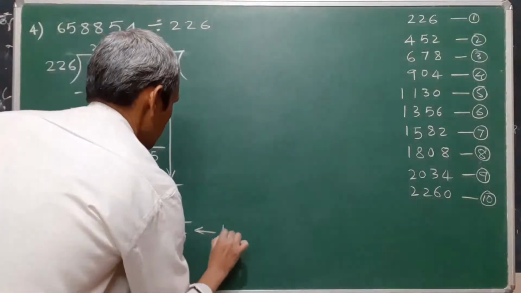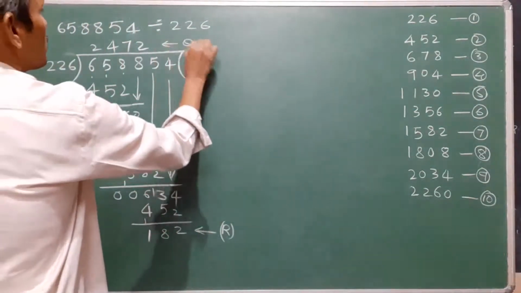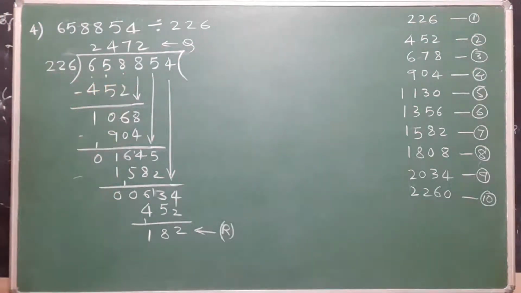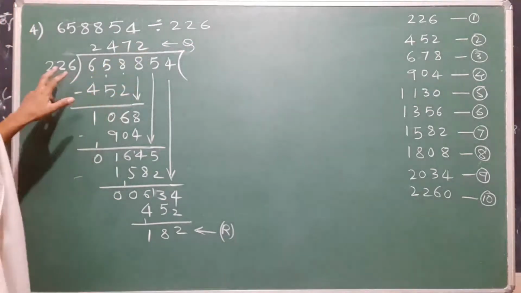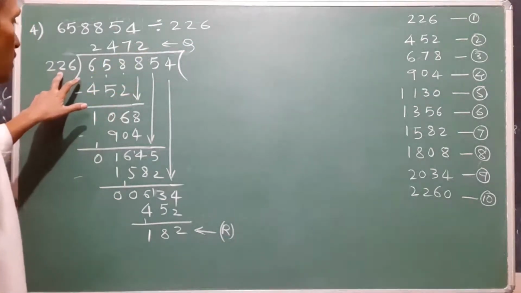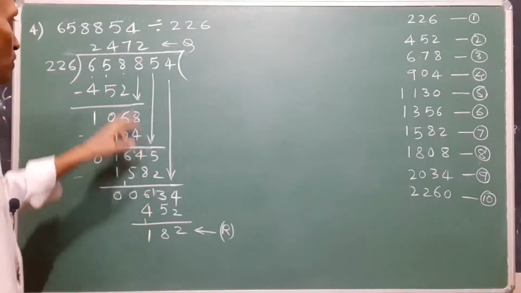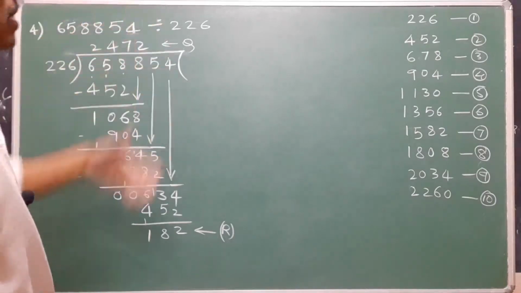This is the remainder. This one is the quotient. This is the divisor, dividend. We will verify. We will multiply this quotient and this divisor. Then if we add this remainder to that, we should get this dividend. Then the problem is verified.